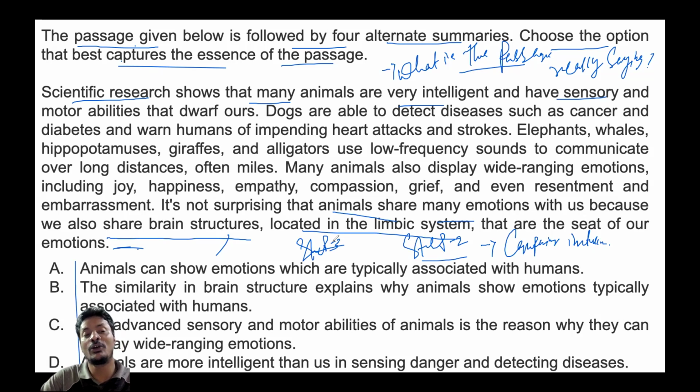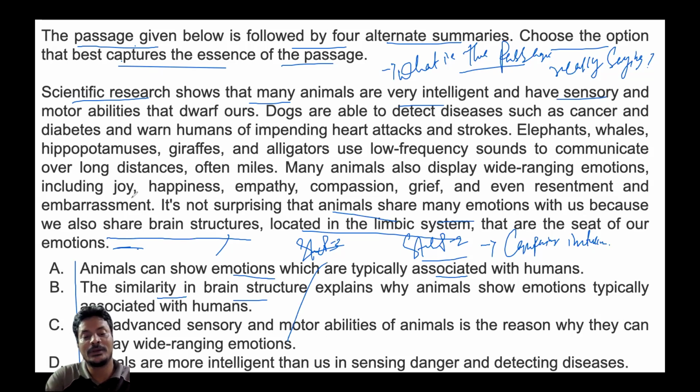Eliminating wrong options means we look at the options. What are the options we have? The first option is animals can show emotion which are typically associated with humans. Second, the similarity in brain structure explains why animals show emotion typically associated with humans.